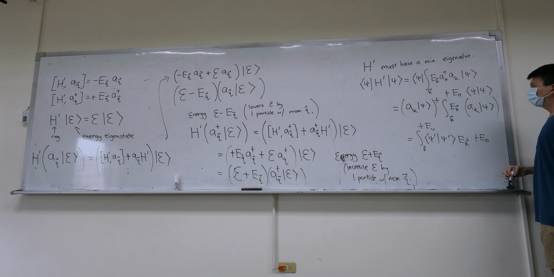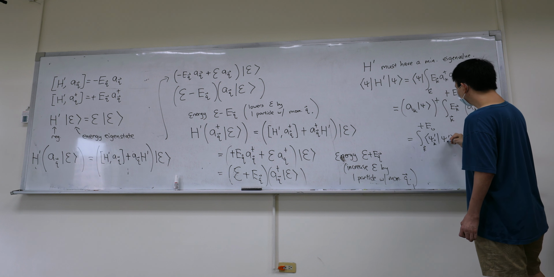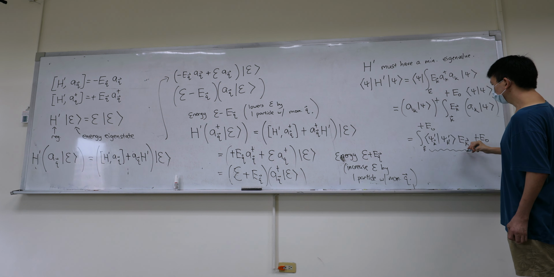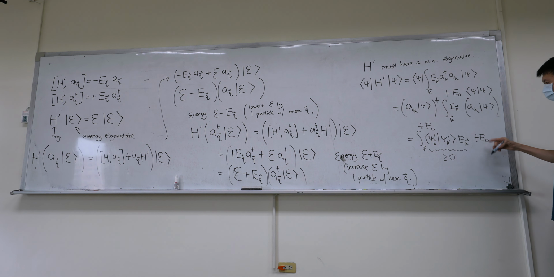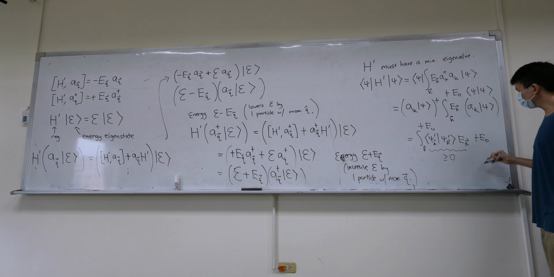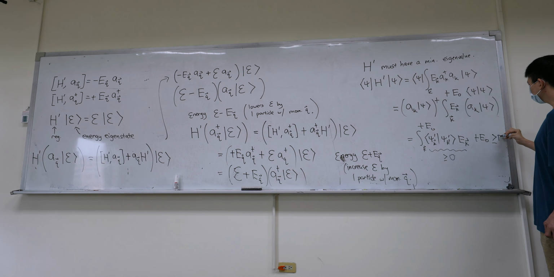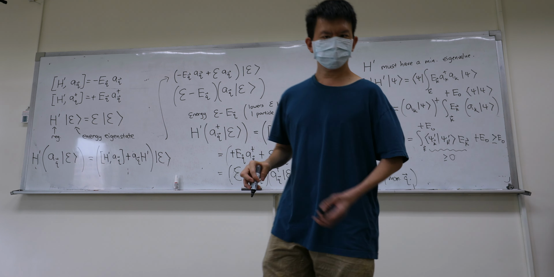Okay. I should say, of course, these guys depend on K. But the point here is that all of these guys are positive. Okay. And whatever this bound is, provided this converges, this must be greater or equal to E naught. Okay. So there must be a lower bound.